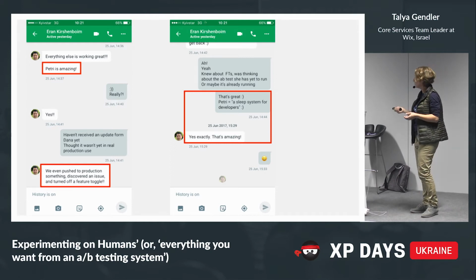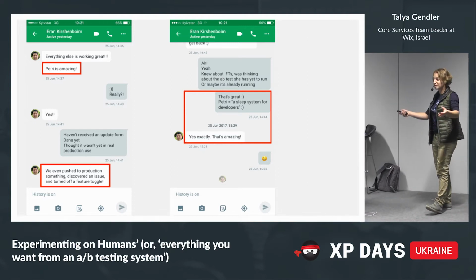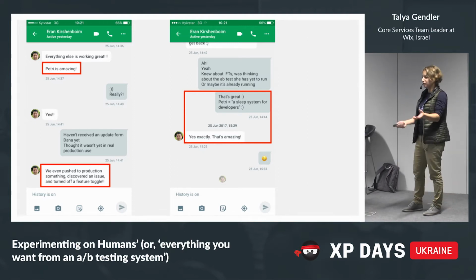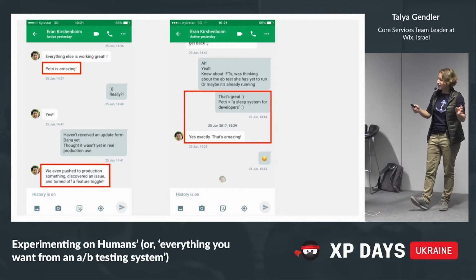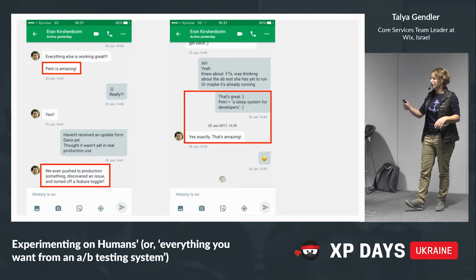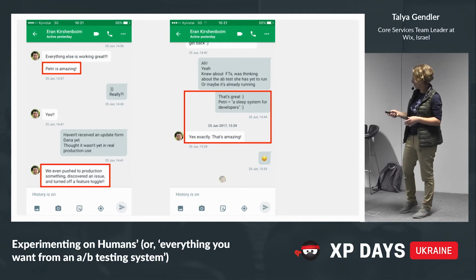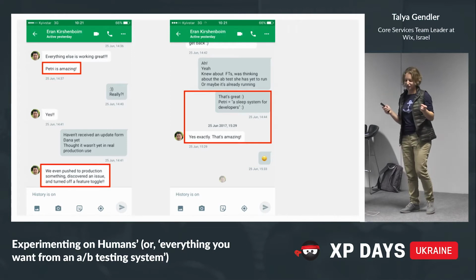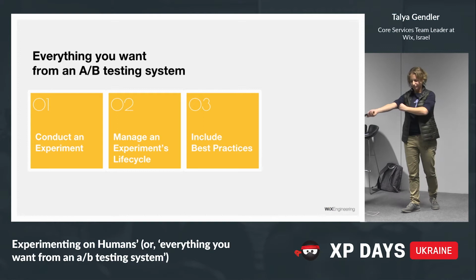Okay, what happened? Basically, the guy is telling me, we deployed something and something went wrong, and we took the feature toggle down and everything was okay. And then I told him, yes, I like calling Petri a sleep system for developers, and he kind of appreciated the reference. So that's one big part of it.